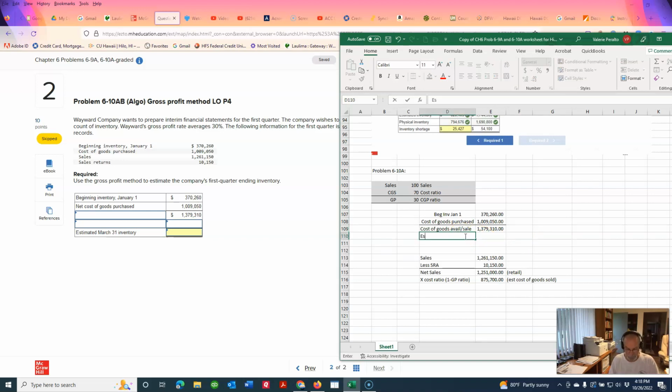So we take our estimated, and we're going to subtract this.